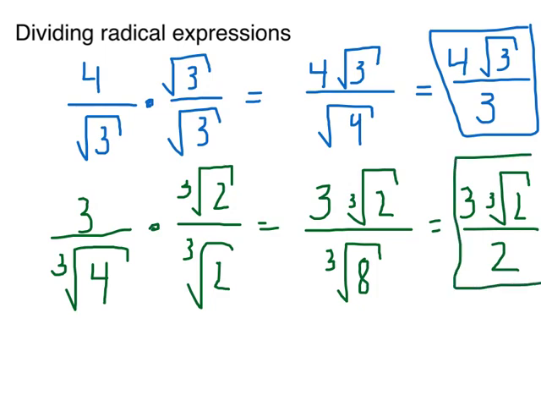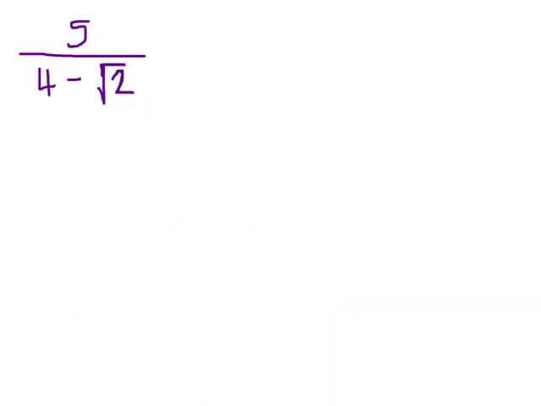Now those are your basic radical expressions that involve division, but sometimes they can get a little bit harder. So let's take a look at that. In this case we have not just one number in the denominator, but a pair of them. Think about what we've seen in this video that eliminates square roots from the denominator.